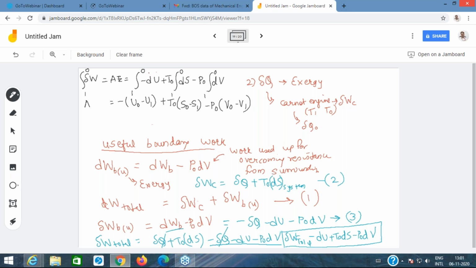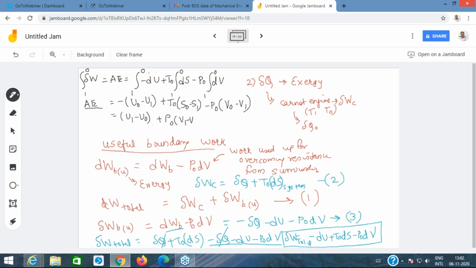This is an expression for available energy. So I'll just rewrite this in the form which we generally use. So that expression is now, I'm rewriting this: (U1 minus U0) plus P0 (V1 minus V0).